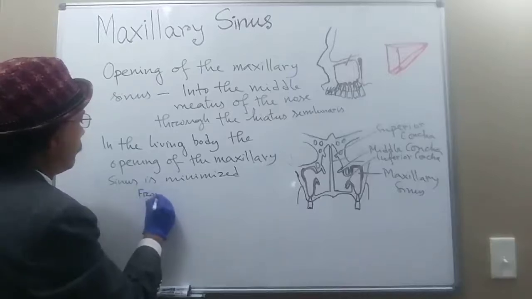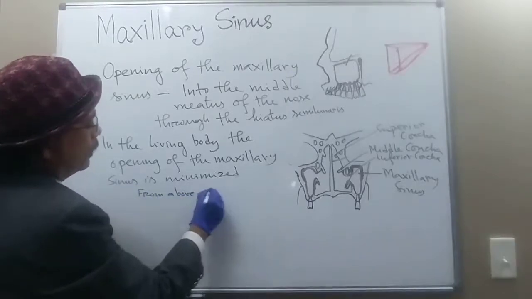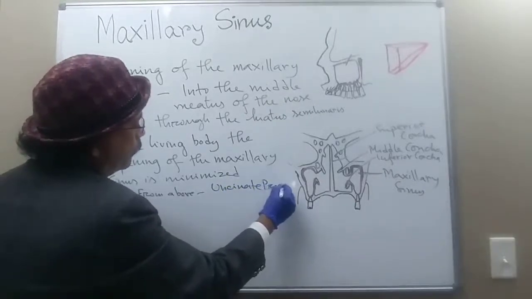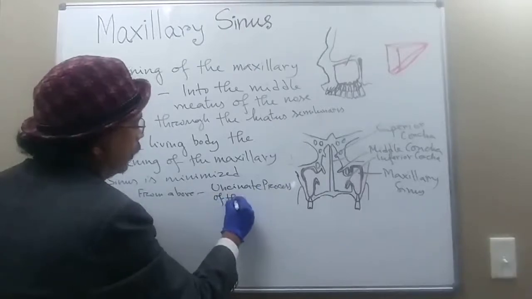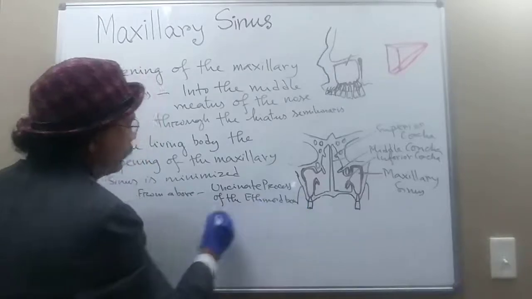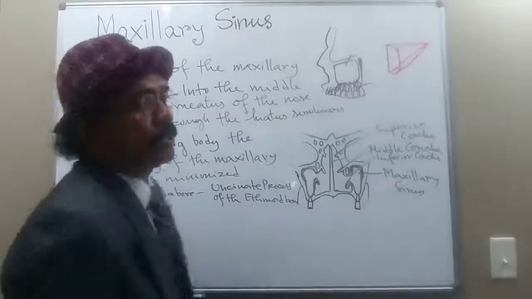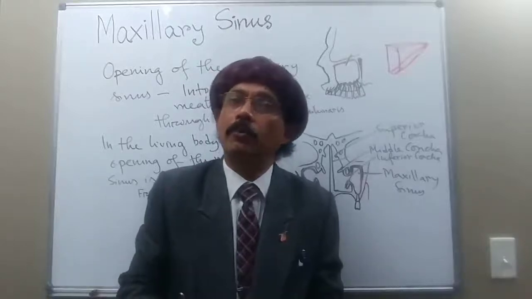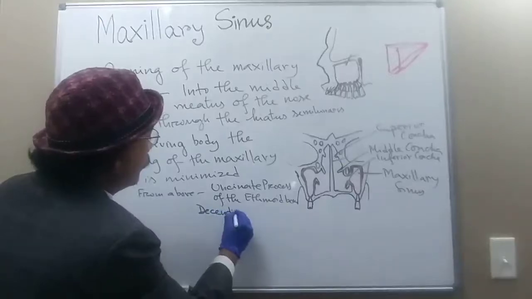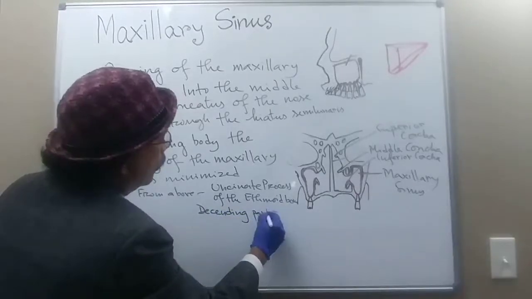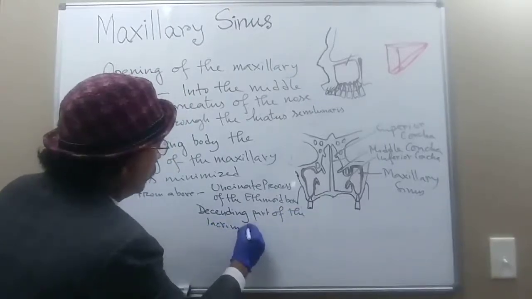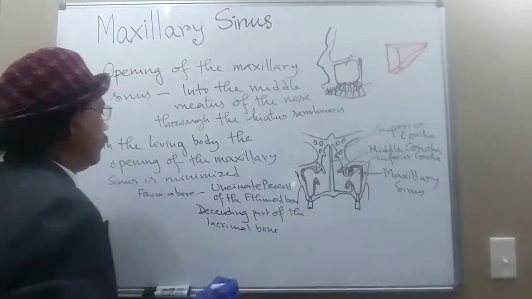From above, we have the uncinate process of the ethmoid bone. And also we get the descending part of the lacrimal bone. Okay, we got from above.